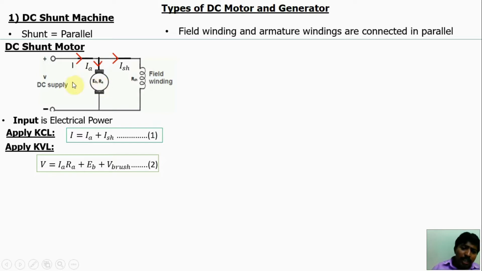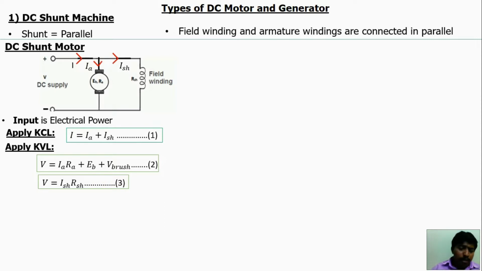Now we can apply Kirchhoff's voltage law for the outer loop also. So V is equal to the drop Ish into Rsh. This is the equation for the DC shunt motor.